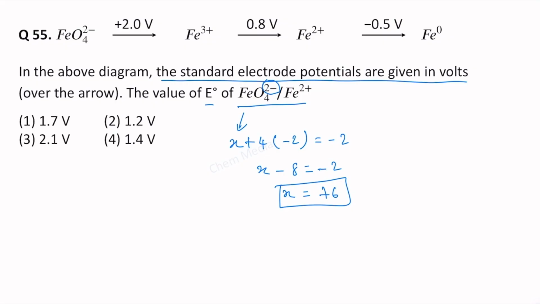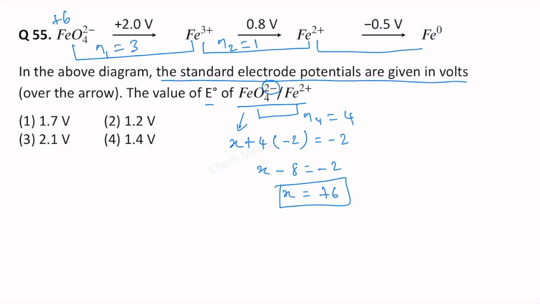This means this is undergoing reduction, isn't it? This process requires how many moles of electrons? We require 4 moles of electrons. So here it is +6. If +6 is becoming +3, that requires 3 moles of electrons. If Fe3+ is becoming Fe2+, that requires 1 mole of electron.